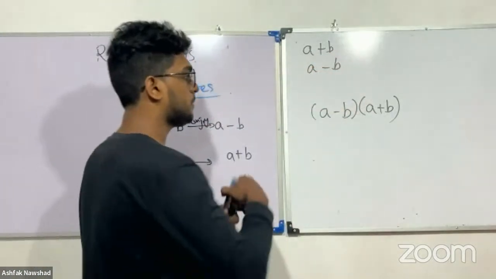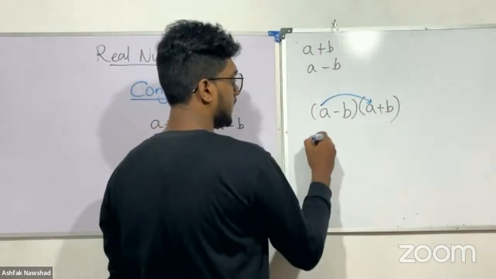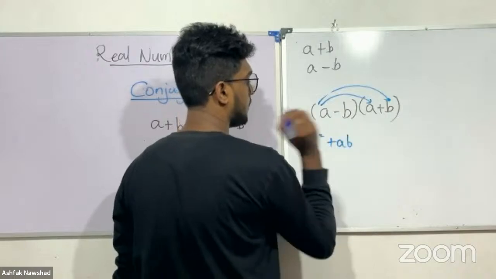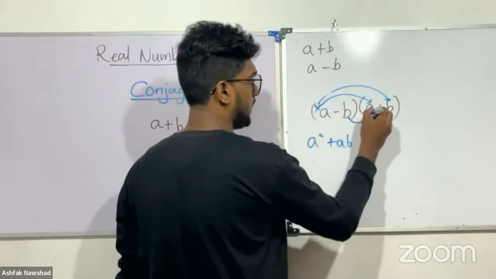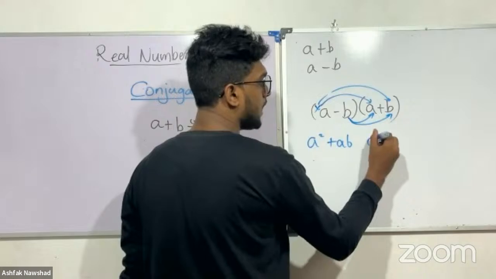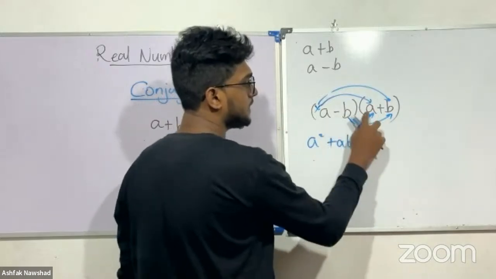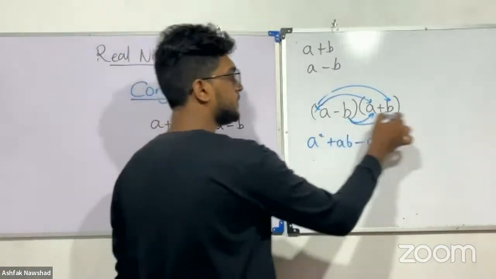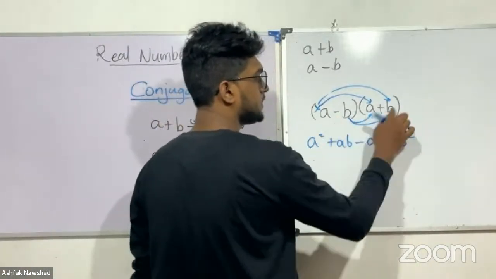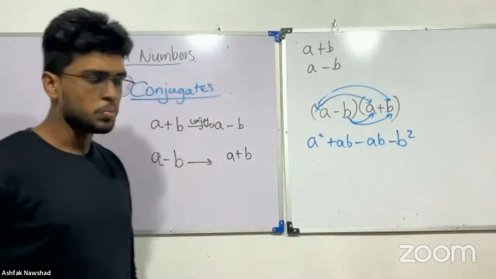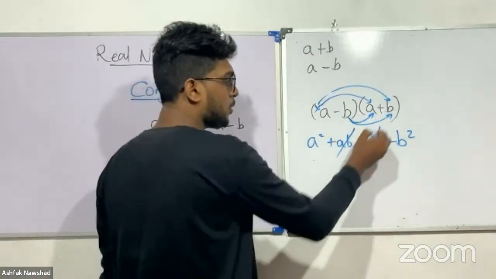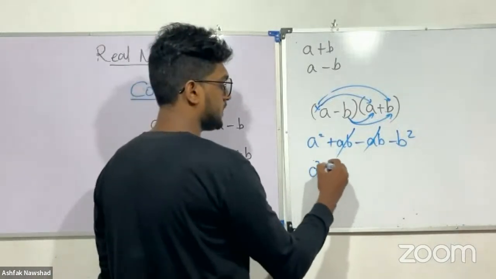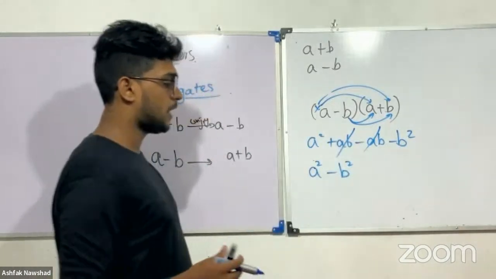See, A times A is A squared, A times B is plus AB. Now B times A is also AB, but with minus and plus it's minus AB. Then B times B is B squared, with minus and plus, so it's minus. Can you see AB and AB get cancelled? So it is A squared minus B squared.